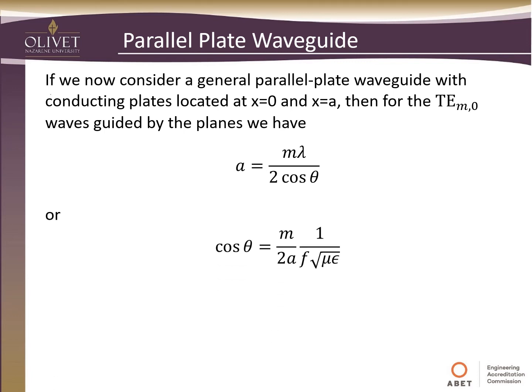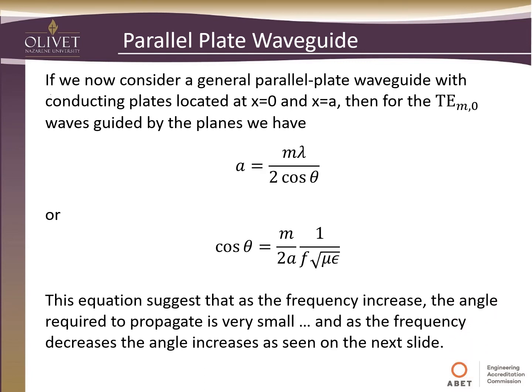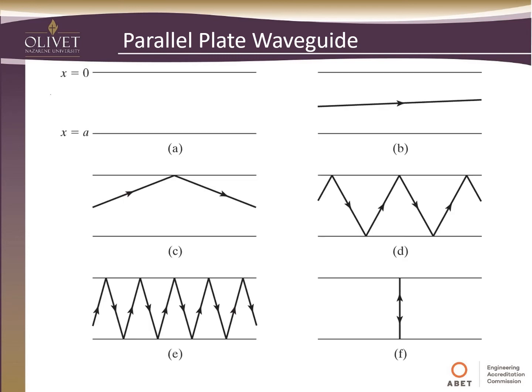Or we could say that cosine theta, remember the theta is the angle that we are propagating into these plates, is equal to this expression. So this suggests that as the frequency increases, the angle required to propagate is very small. And so then as frequency decreases, the angle increases, and we can see this on the next slide.